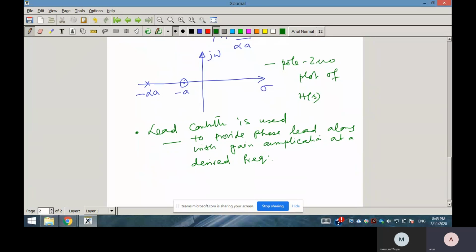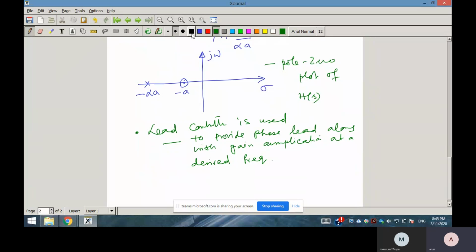So if an uncompensated system, or if the plant G(s) itself, has poor phase margin, or the response of G(s) is sluggish, then we'll use a lead controller.